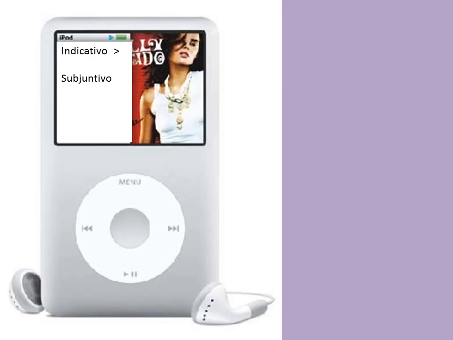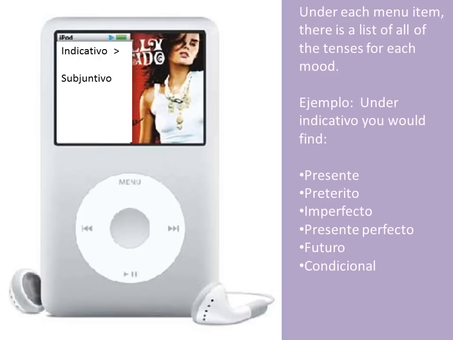Another teacher that I've worked with has gone with the whole iPod method. And she has it like it's a separate menu completely. And I like this visual to see that, look, we have the indicative and we have the subjunctive. And if you were to click on one of these menu tenses, you would notice that there's a whole list of tenses for each mood. So we're not talking about a different tense that we're teaching you. We're talking about a different mood. So the indicative has presente, pretérito, imperfecto, presente perfecto, futuro, condicional.